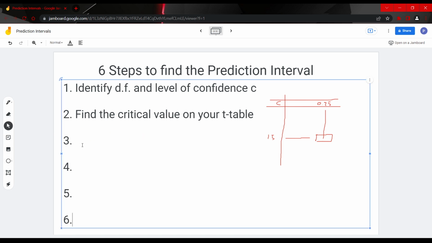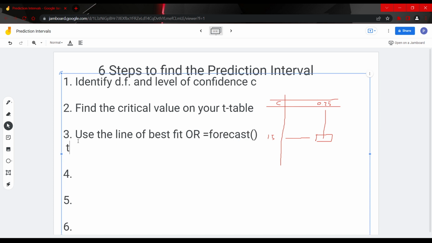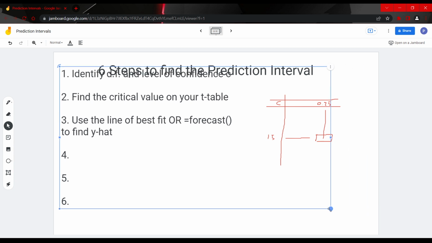Step 3, we are going to find our y-hat. Use the line of best fit, or you can use equals forecast to find y-hat. Again, you can use either method. It's really up to you which one you prefer.